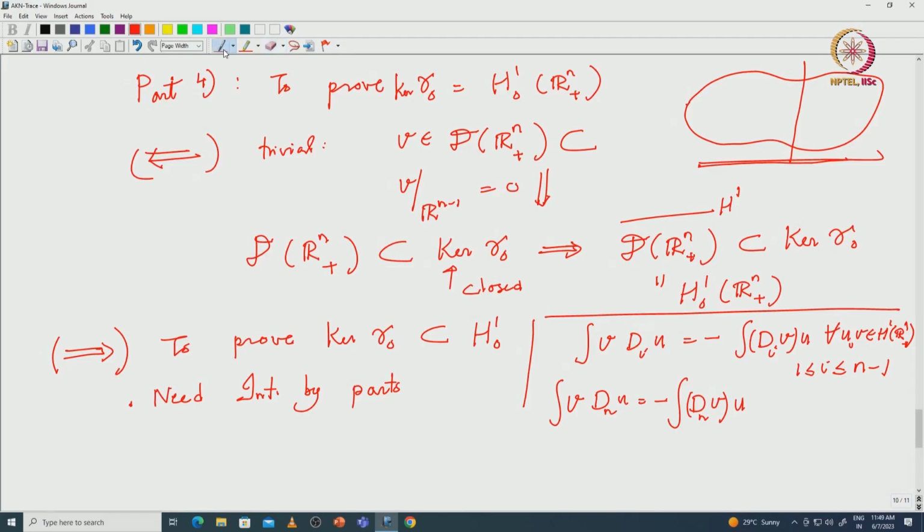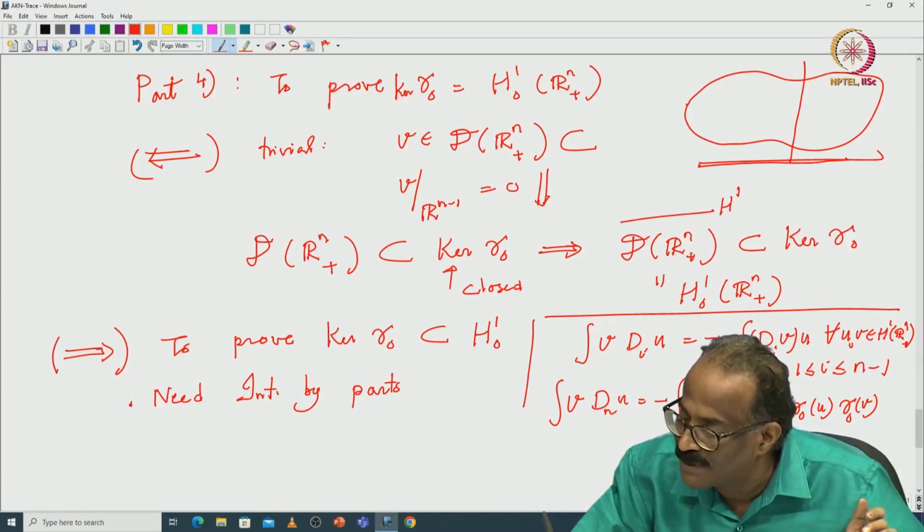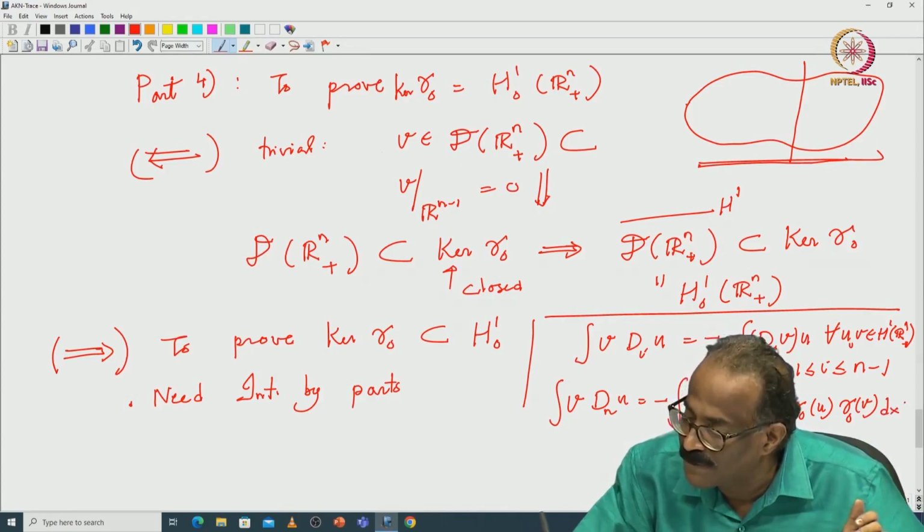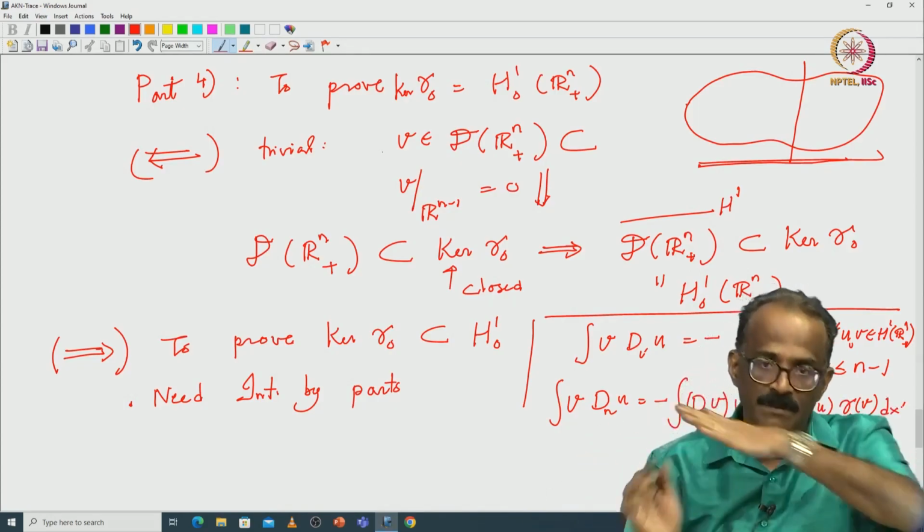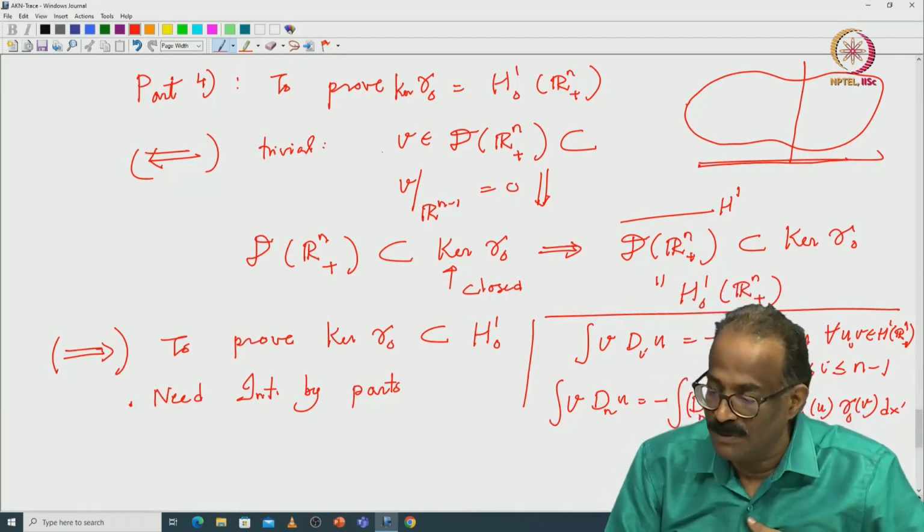In R^(n-1) your surface measure is nothing but the Lebesgue measure, so you can write dx prime. You do not need anything else because it is a flat boundary.